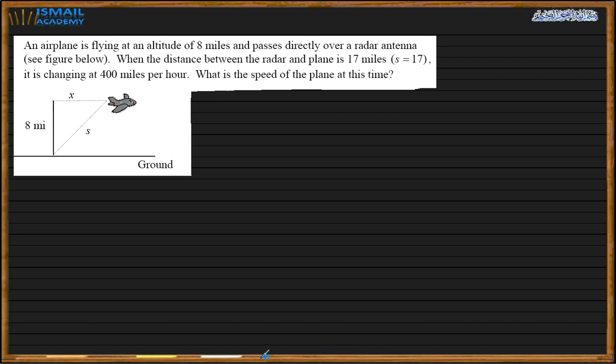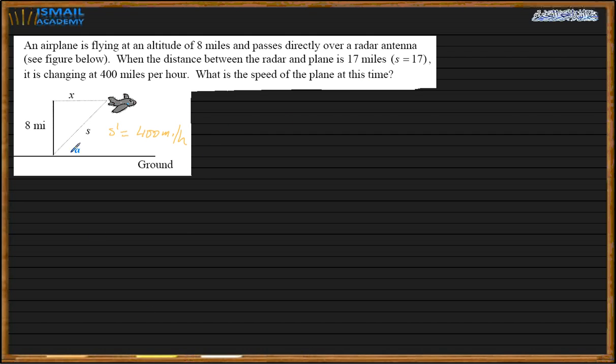That means s prime is 400 miles per hour. This is the rate of change of s. So what is the speed of the plane at that time? They're looking for x prime.